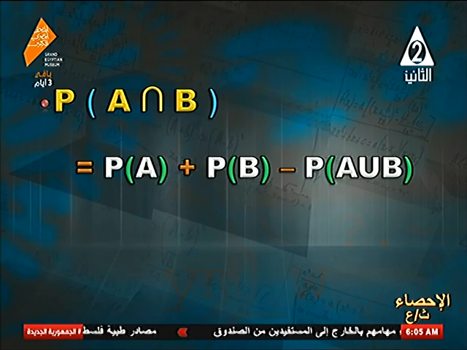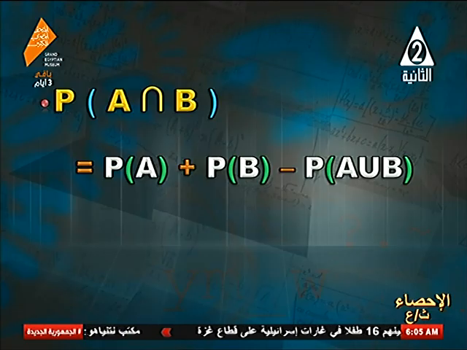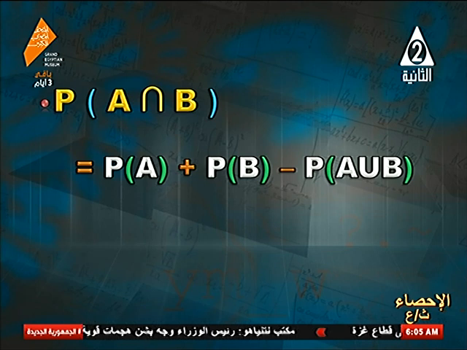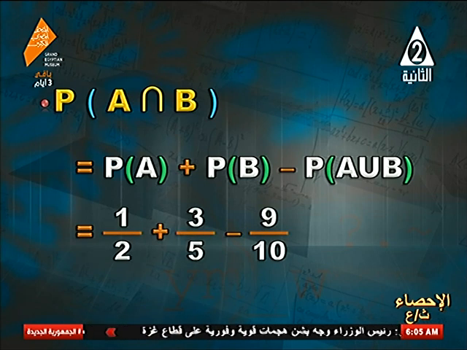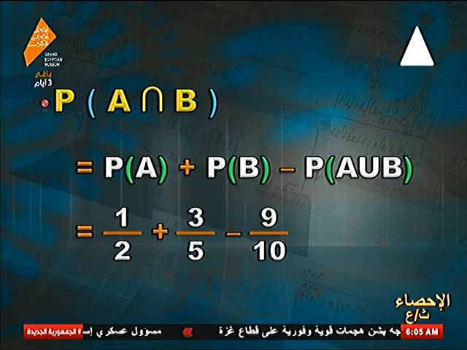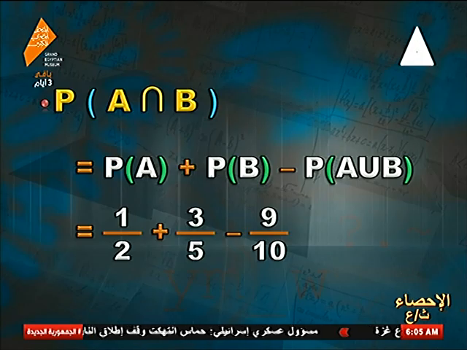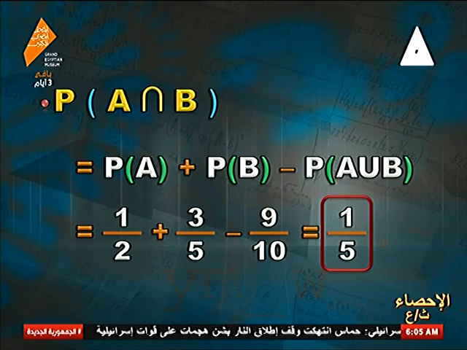My dear student, we know that probability of intersect equals probability of A plus probability of B minus probability of union. The left-hand side is required, but the right-hand side is given. P(A) equals 1/2, P(B) equals 3/5, and probability of union 9/10. By using the calculator, the answer is 1/5.